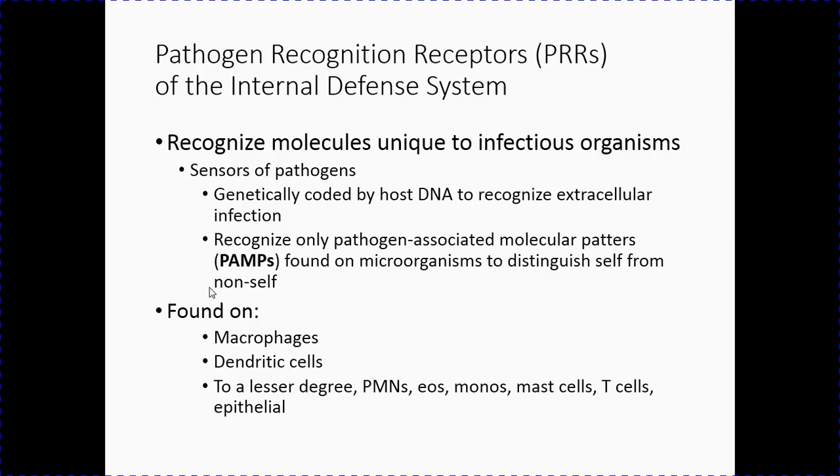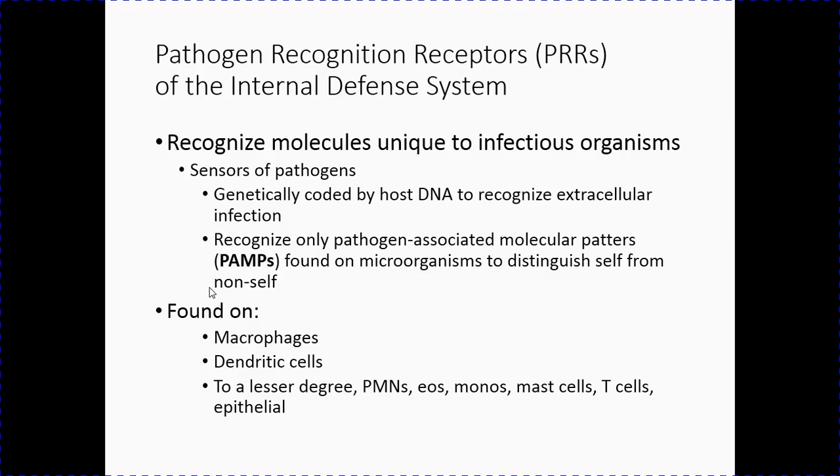So they're the molecules on pathogens, and the phagocytic cells have receptors on the cell surface that will discover these and will tag that organism for phagocytosis and death.